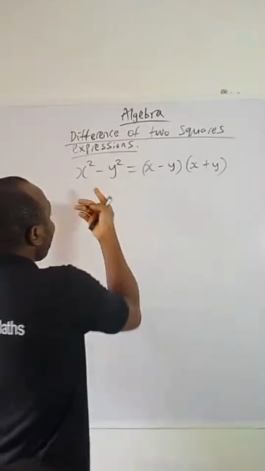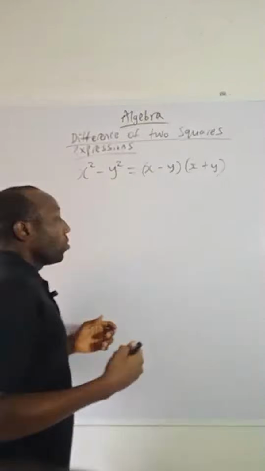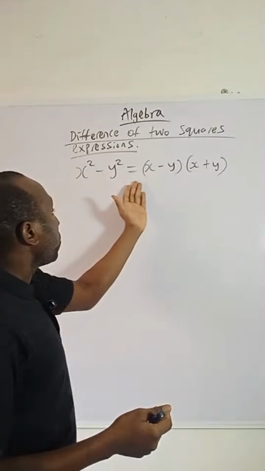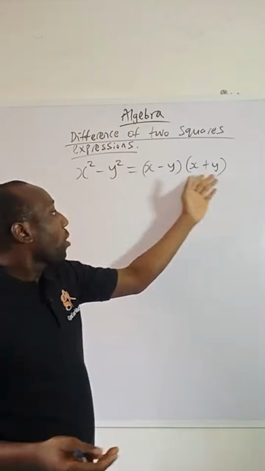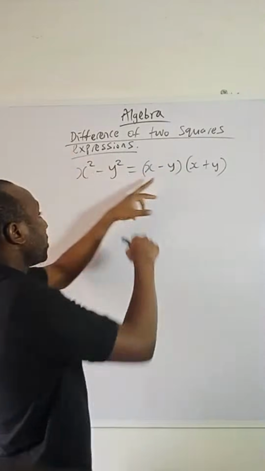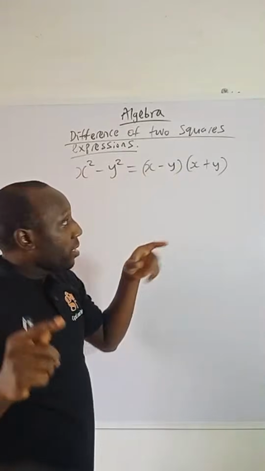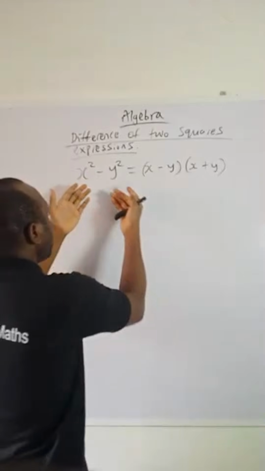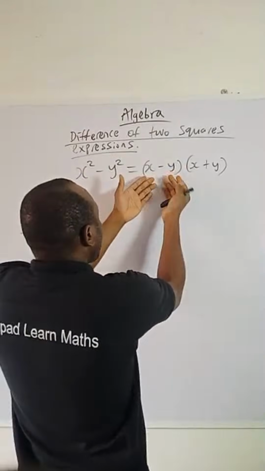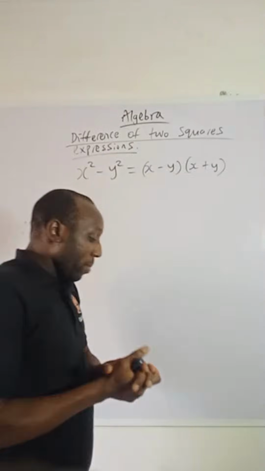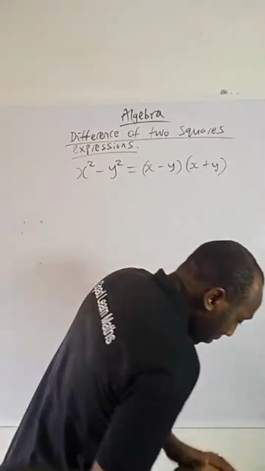If you want to factorize a difference of two squares expression, it's going to come to this form: x minus y, the difference of the two terms without the squares, and then the sum of the two terms without the squares. Hence, if you factorize this, you're going to get x minus y in bracket and x plus y in bracket. I hope that makes sense.